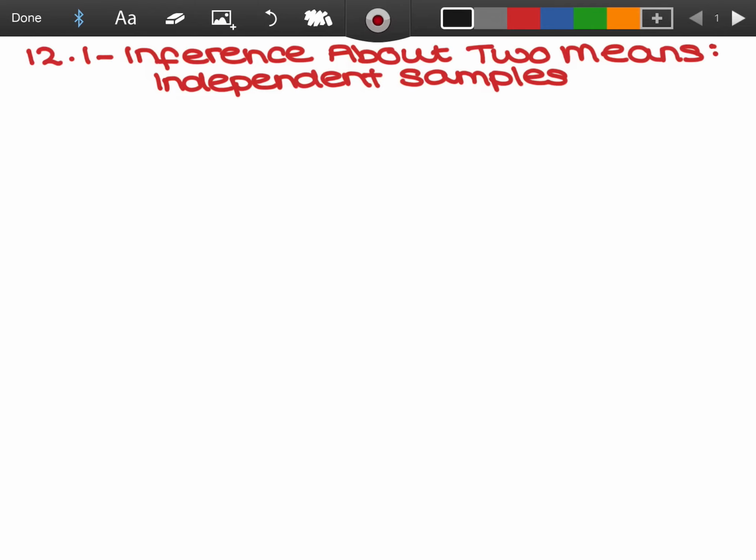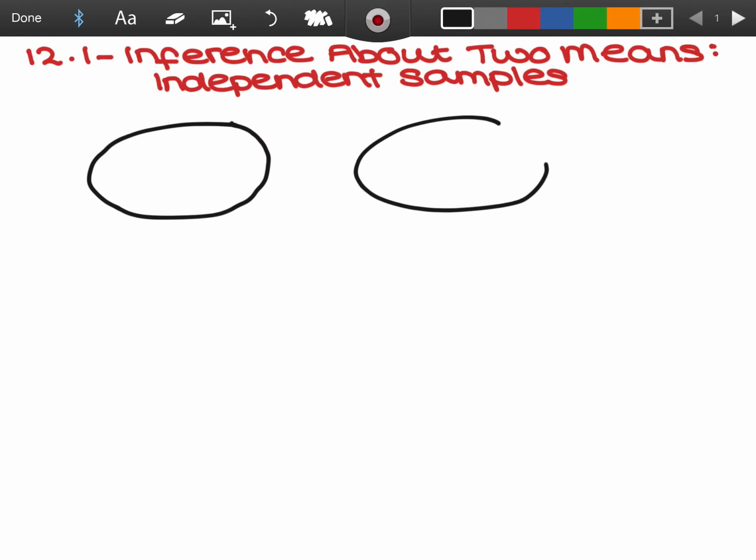So let's say you have this population here and another population here. We'll say that this is population 1 and this is population 2. Population 1 is going to have mean mu1, population 2 is going to have mean mu2. Then out of each of those, we're going to take some sample.